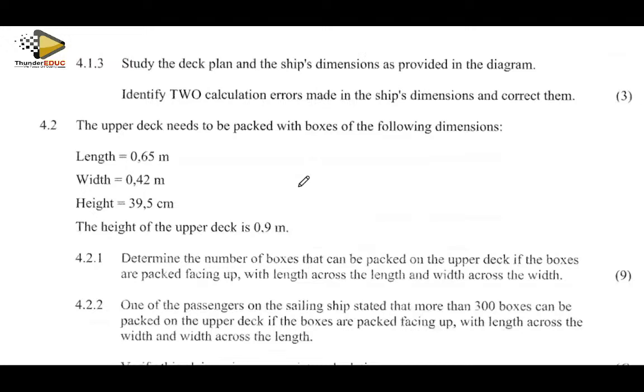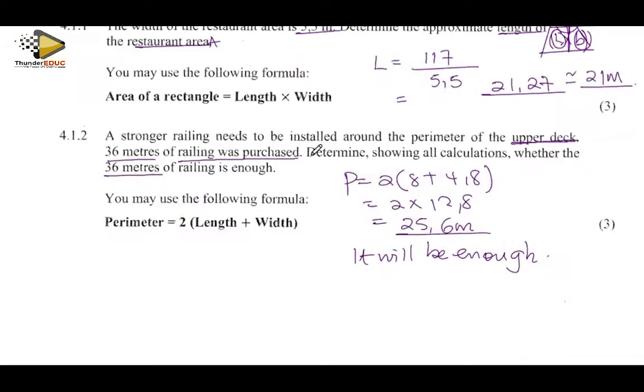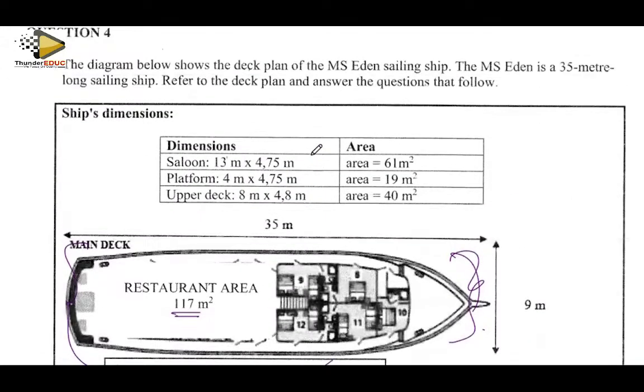4.1.3. Study the deck plan and the ship's dimensions as provided in the diagram. Identify 2 calculation errors that were made in the ship's dimensions and correct them. Let's go up here and see they're telling us to look at this.